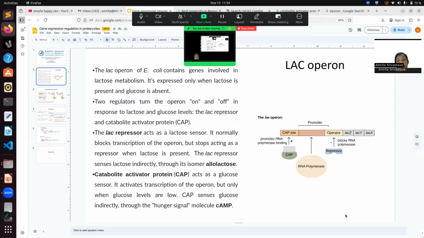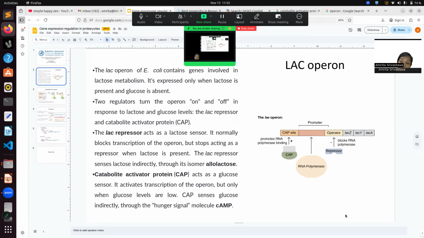In general, prokaryotes are more inclined towards glucose for their metabolic needs. But let's say the glucose amount is less in the environment and there is the presence of lactose. So cells have evolved a mechanism to utilize the lactose in place of glucose for their metabolic needs.